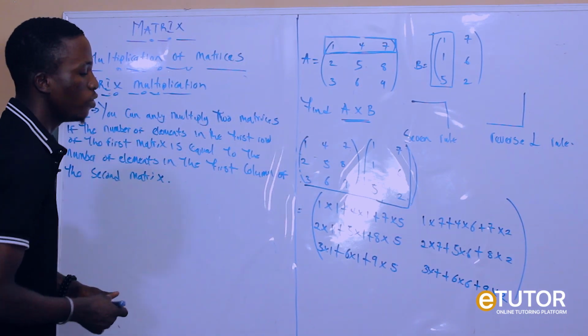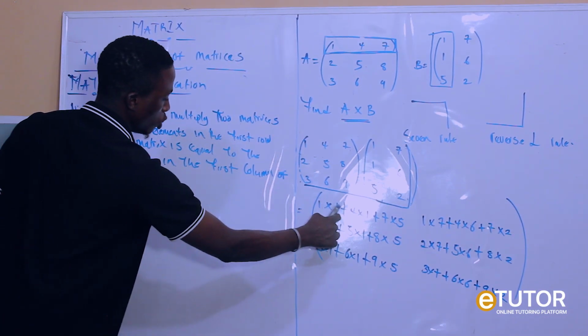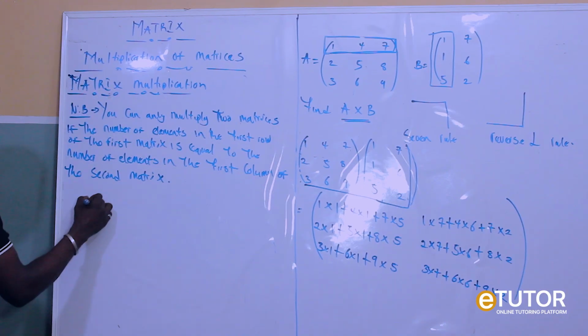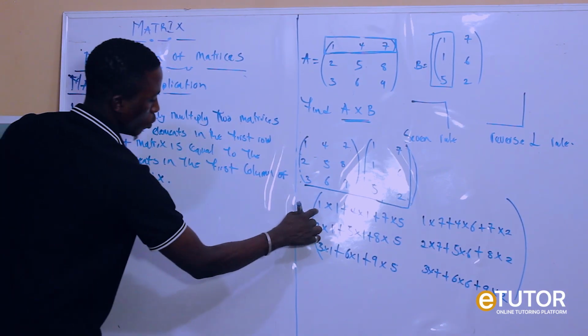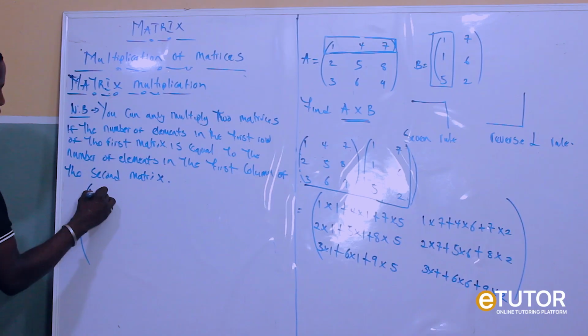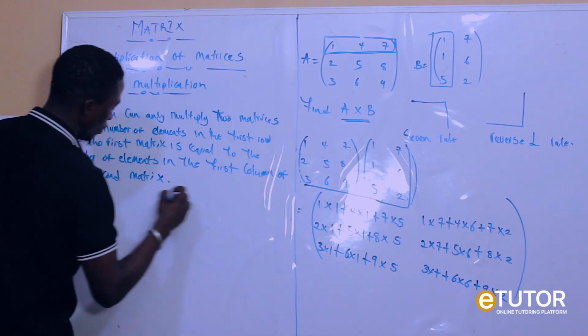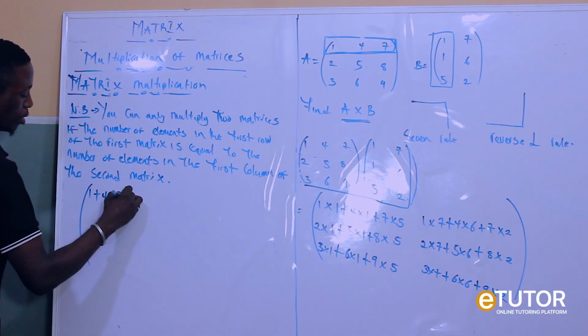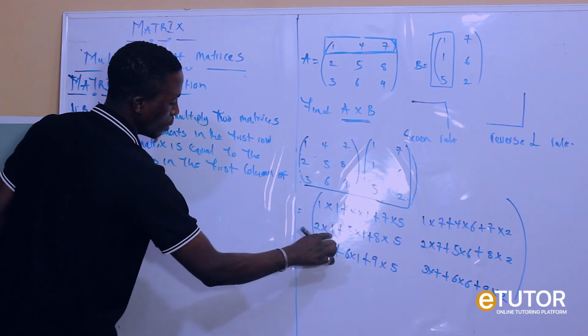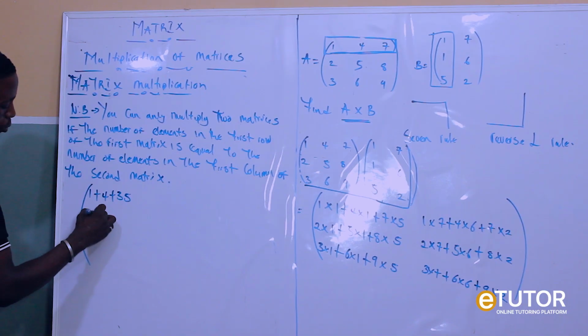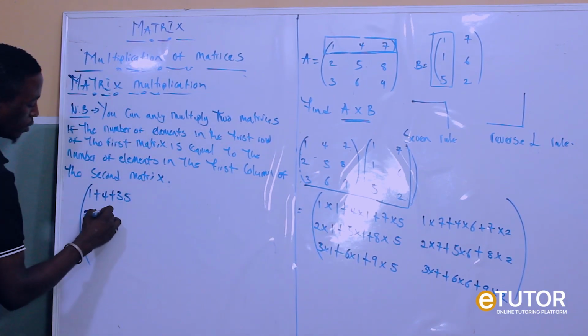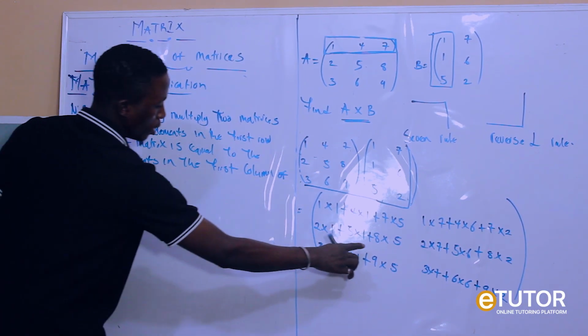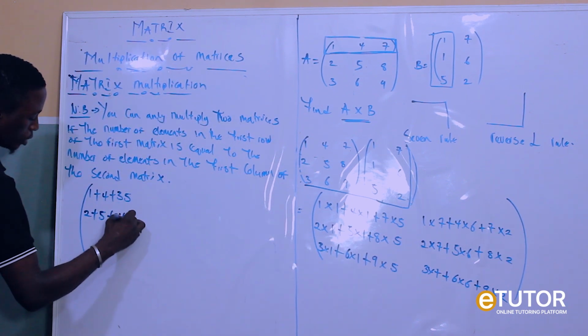So the next thing to do is to simplify all your expressions here. So we have 1 times 1 gives 1 plus 4 times 1 gives 4 plus 7 times 5 gives 35. Now 2 times 1 gives 2 plus 5 times 1 gives 5 plus 8 times 5 gives 40.